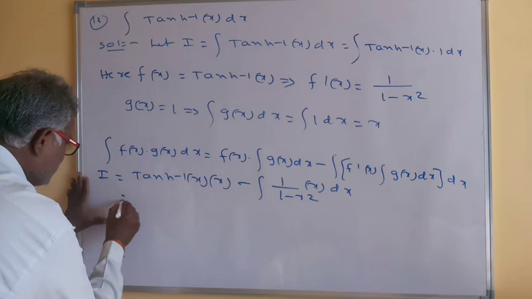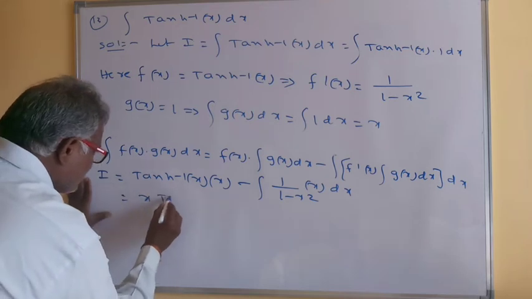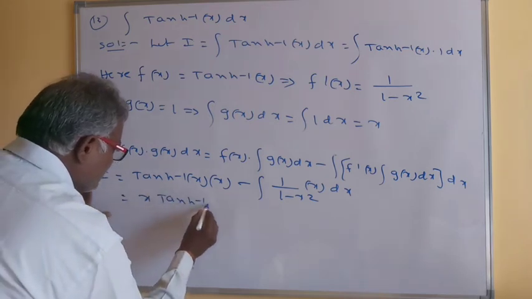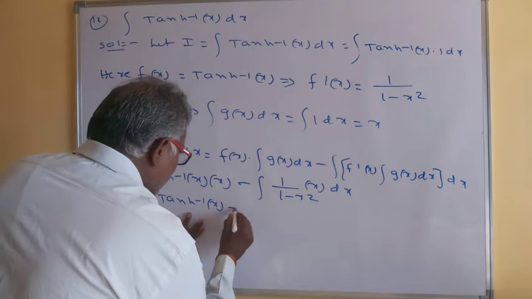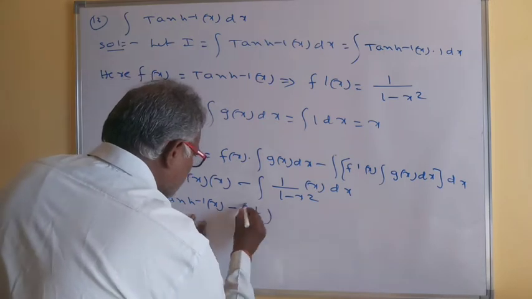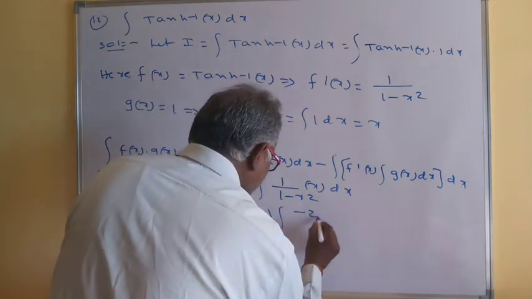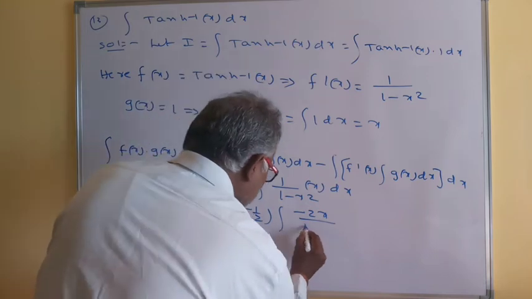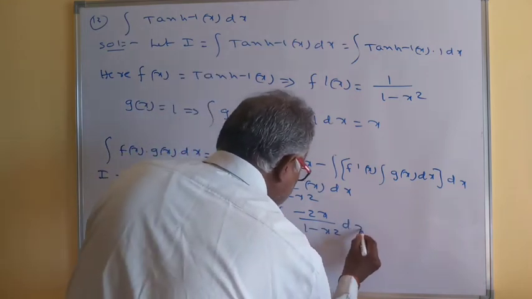So, x into tanh inverse x minus 1 by 2 into the integral of minus 2x by 1 minus x square dx.